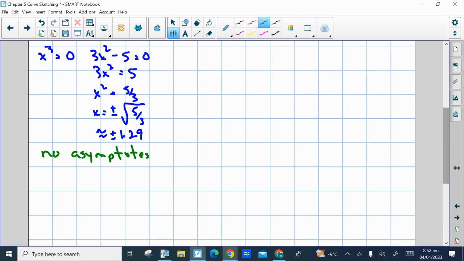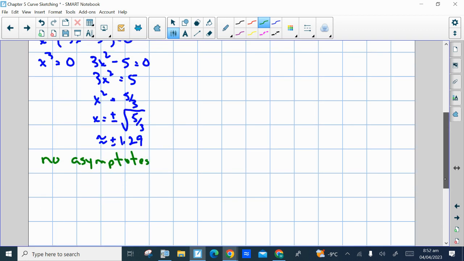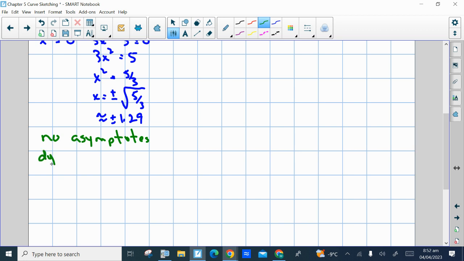If we find our first derivative, so the function is y equals, so dy by dx, the first derivative will be 15x to the fourth minus 15x squared. And we want to find the critical numbers for that. By factoring, there's a common factor of 15x squared, which leaves us with x squared minus 1.